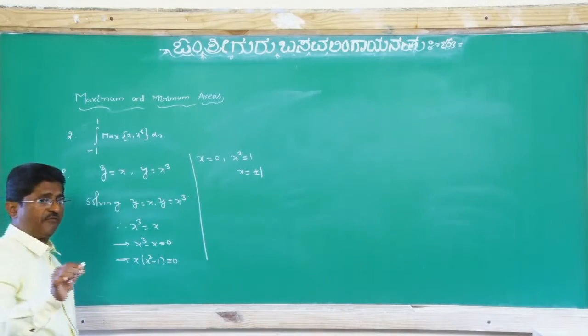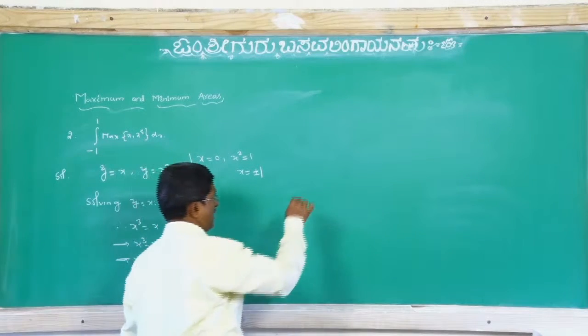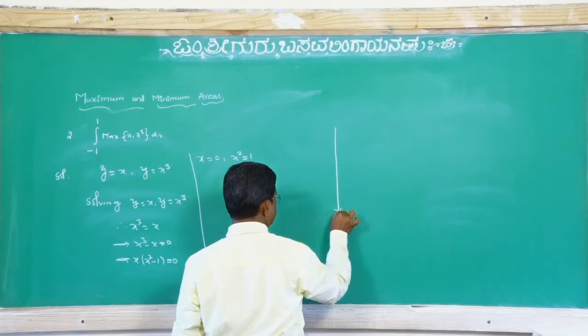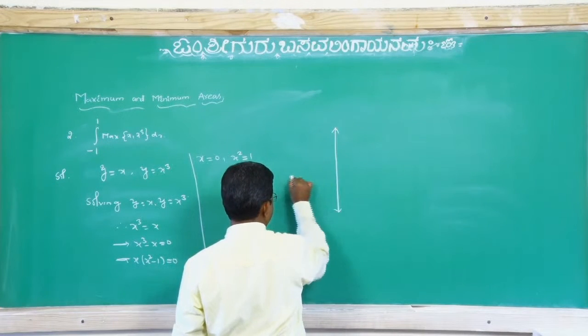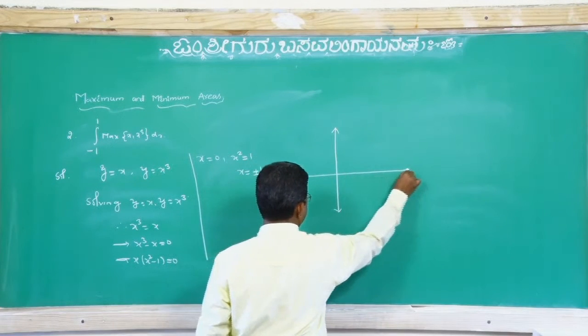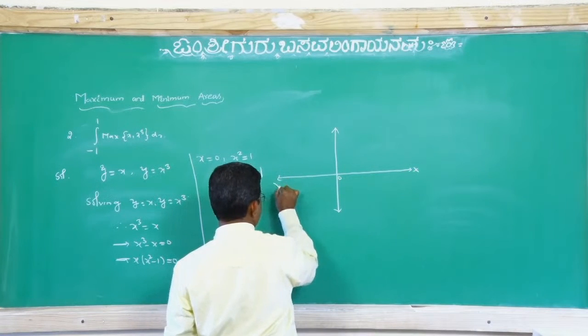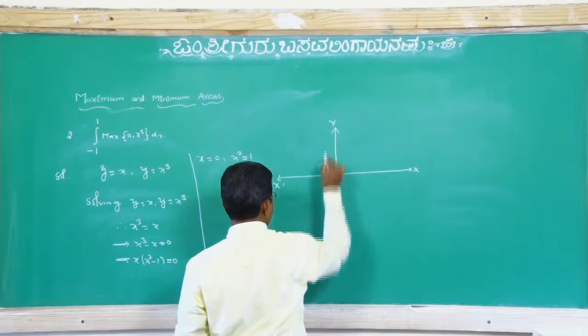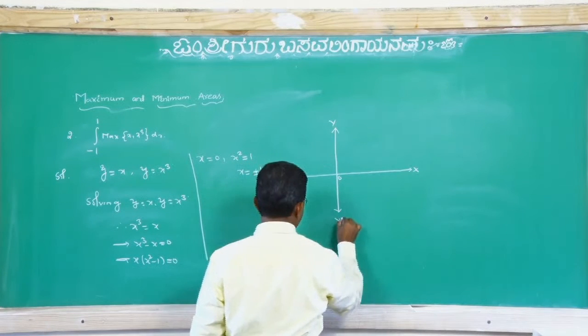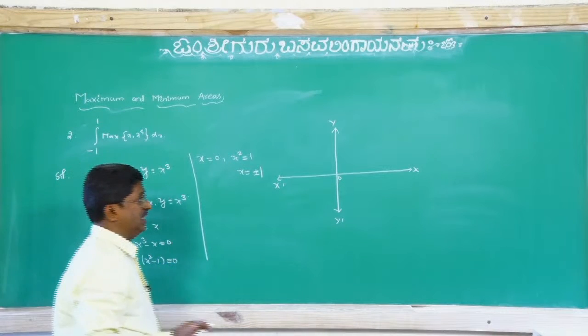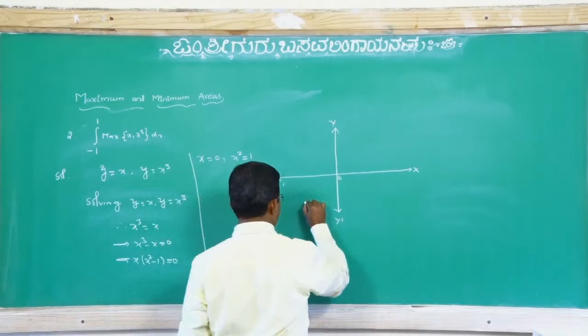Now, the location of the graph is important. All of you listen now. Cubical parabola y is equal to x cube, the graph of the function is like this.